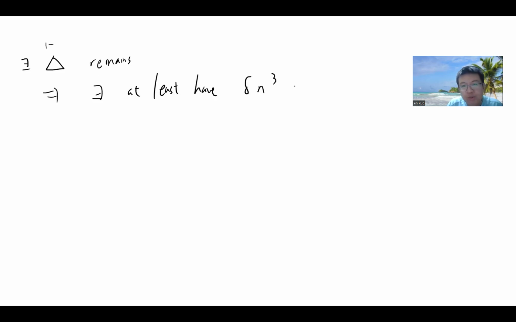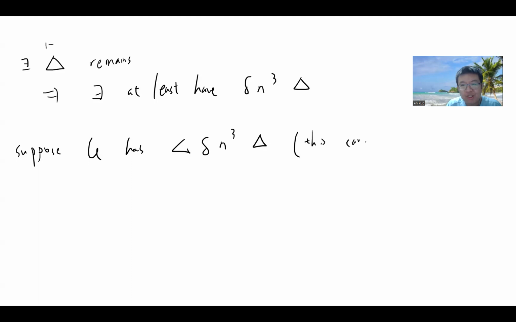So what this means is the following: if one triangle remains, then you show that there are at least delta n cubed triangles. So suppose the original G has less than delta n cubed triangles, then this cannot happen, because I already removed some edges, but the number of triangles increased.